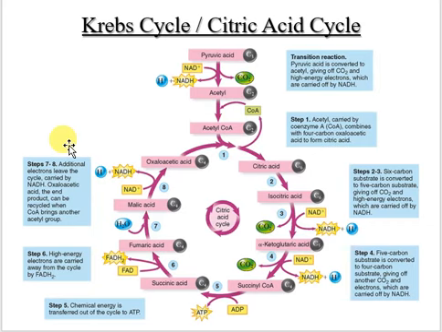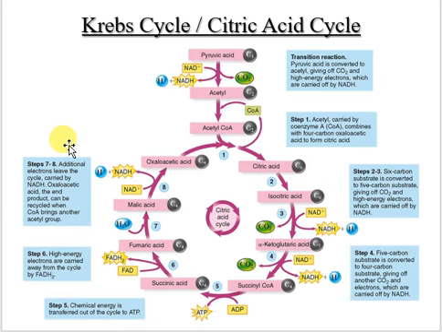Now, the energy that's released by the oxidation of acetyl coenzyme A, which is the first step of the Krebs cycle, is used to ultimately produce 3 molecules of NADH, 1 molecule of FADH2, and 1 molecule of ATP, or an equivalent of ATP.